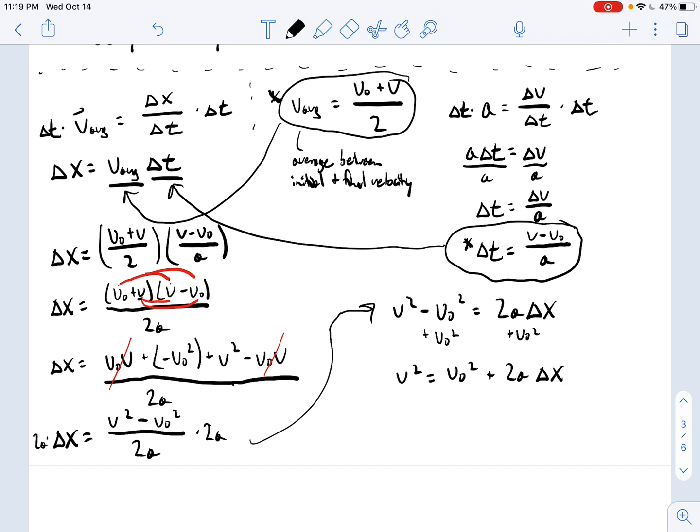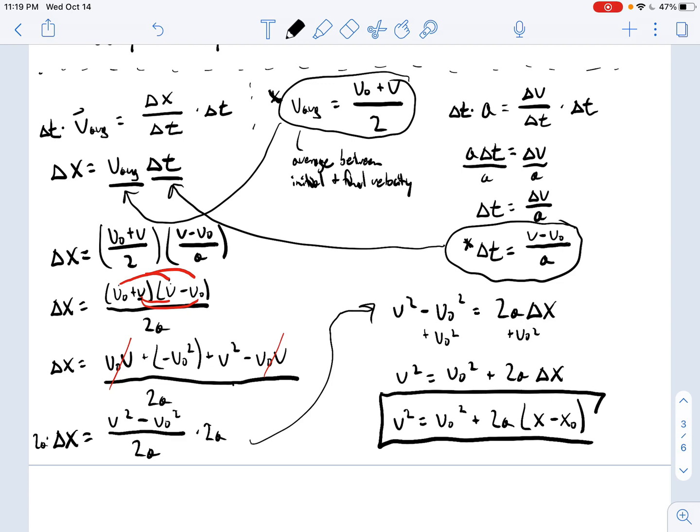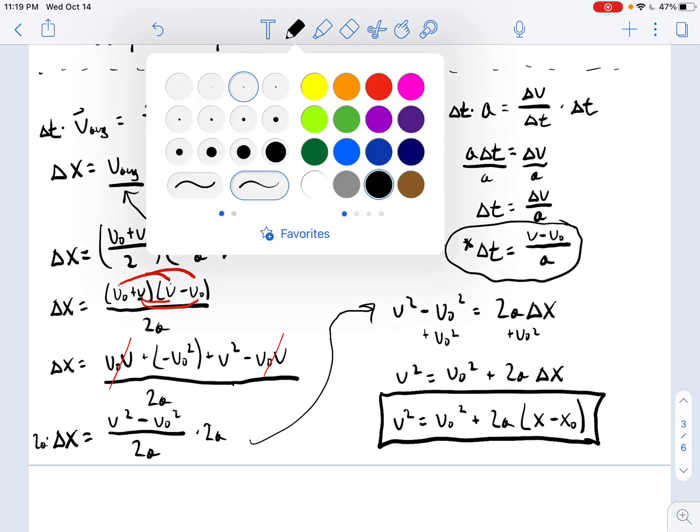The very last thing we're going to do to get our equation is we know that delta x just means final minus initial, which is going to give us v squared is equal to v initial squared plus 2 times a times the quantity x final minus x initial. So again, after all that work, we finally have our second kinematic equation here. This will be our number 2.